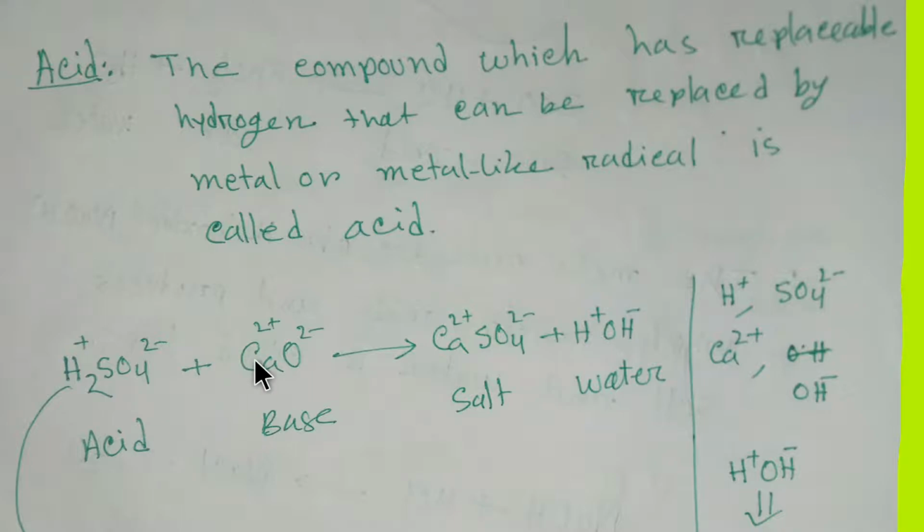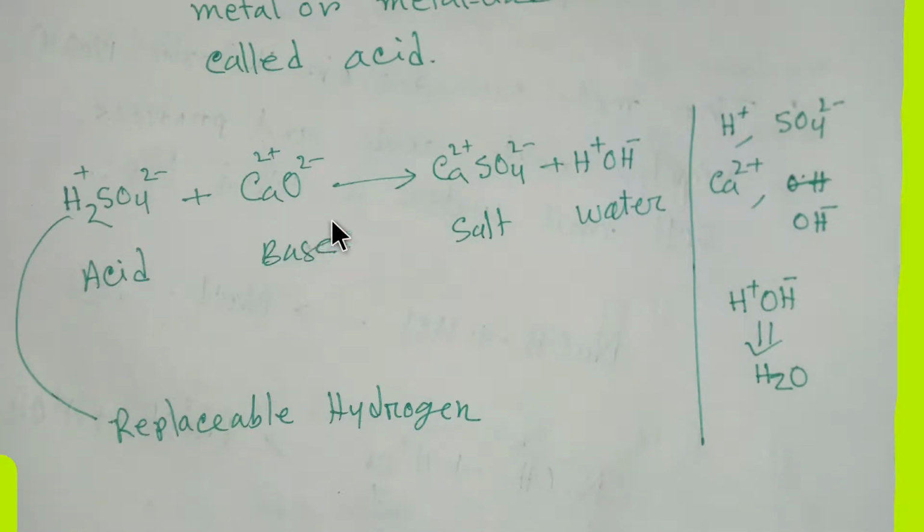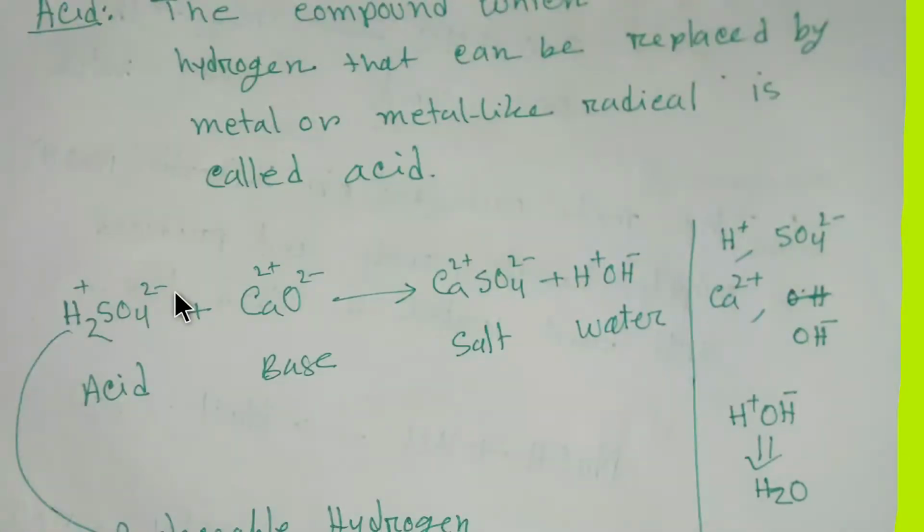Here calcium ion, this is a metal or metal-like radical. So this substance is acid because it has hydrogen replaceable by metal. So from this reaction, we have gained knowledge about what is acid and what is salt, right?